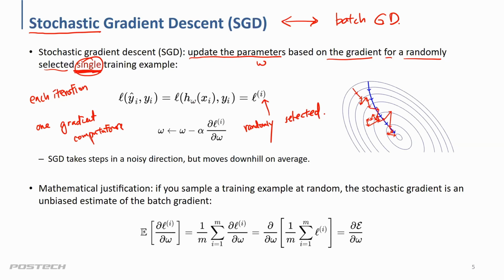You see that batch uses the entire data set, while stochastic gradient descent uses just a randomly selected single training data point. That's the big difference. And this is a good illustration so that you can see the difference. The blue is, as you can see, the batch.